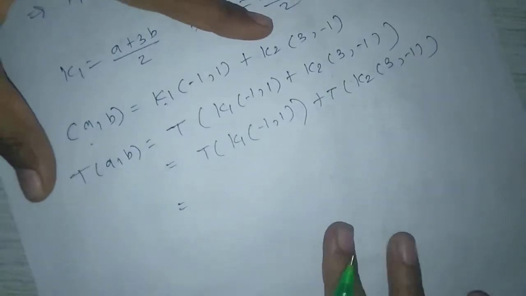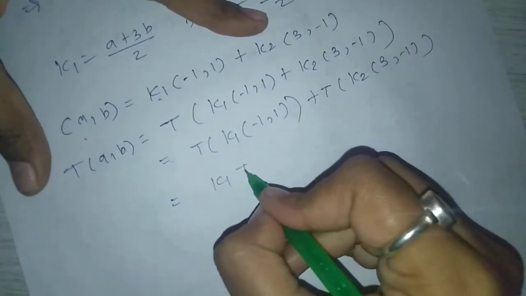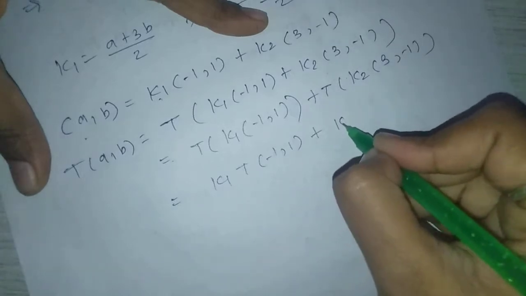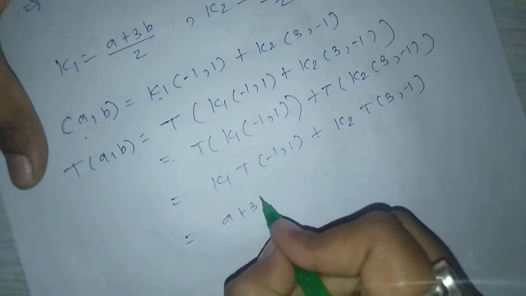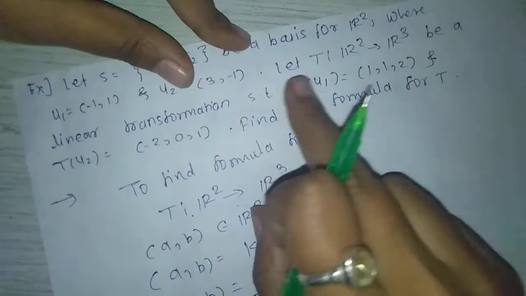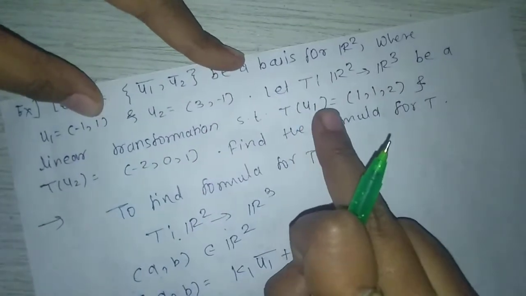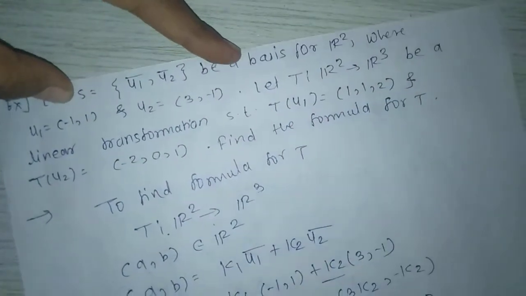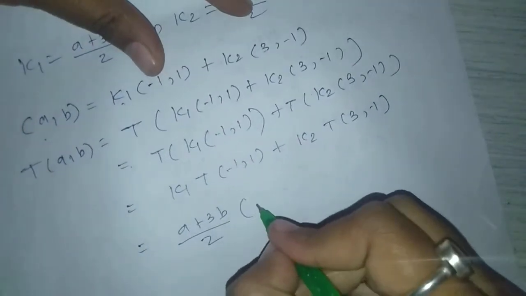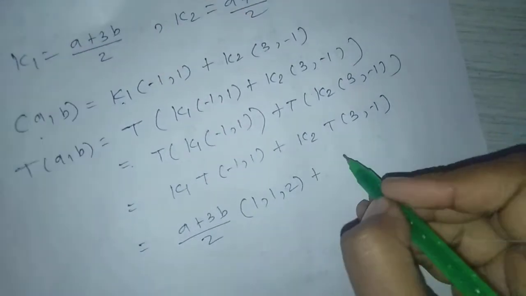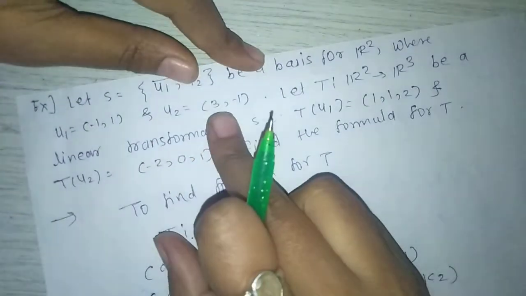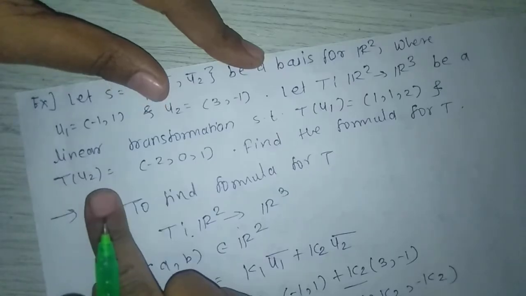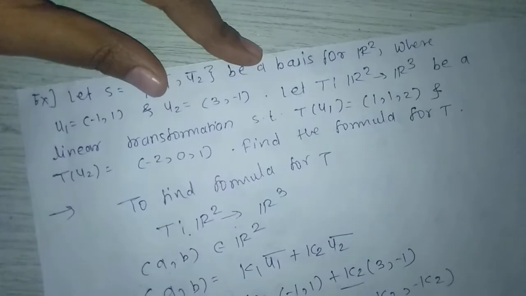Also by scalar multiplication, we get k1 T of (-1, 1) plus k2 T of (3, -1). k1 is (a plus 3b) upon 2 and T of (-1, 1), here T of u1, means T of (-1, 1) is (1, 1, 2), plus k2 is (a plus b) upon 2. u2 is (3, -1), so T of (3, -1) equal to (-2, 0, 1).